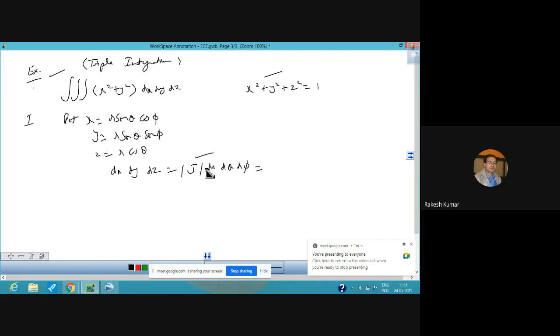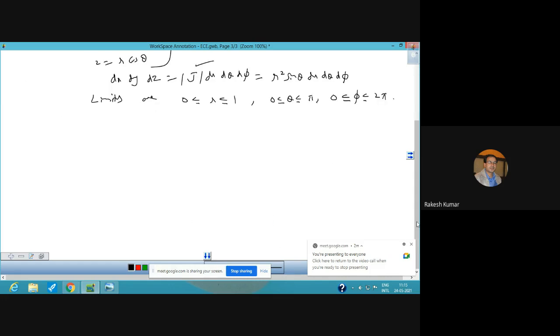The modulus of the Jacobian has already been calculated in the previous class, and that is the standard value with this substitution: r square sine theta dr d theta d phi. The limits of integration are r varies from 0 to 1, theta varies from 0 to pi, and phi varies from 0 to 2 pi. So these are your limits of integration.